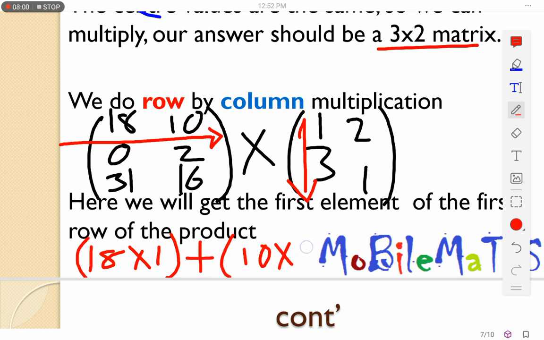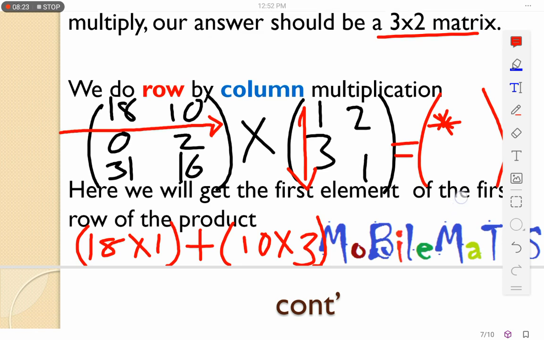That's how we'll be doing it, and we'll be getting a value at this point. We said it's going to be a 2 by 2 matrix, so we will get a value at this point. Okay, that's how we do it. So let's finish it off and see what we get.